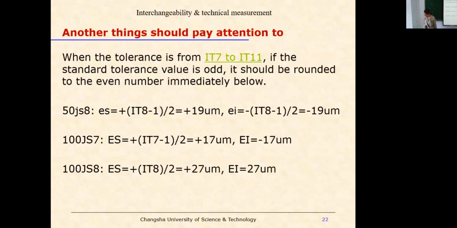JS is for the shaft. It's smaller. That is IT over 2.